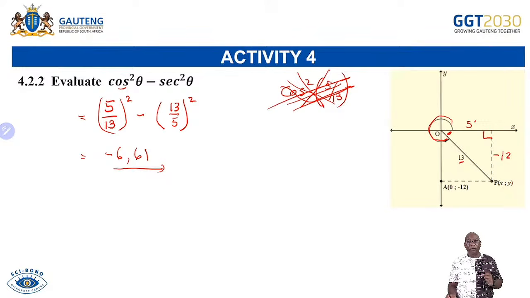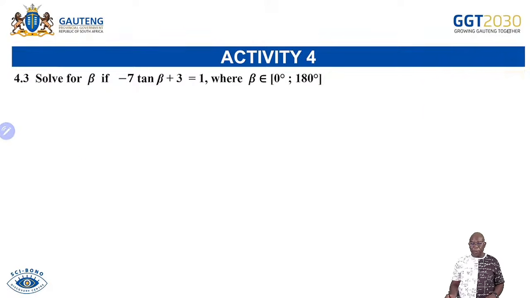Just write 5 over 13. Leave out the cos because we have already written the ratio. So please do not do that. Bad habit.